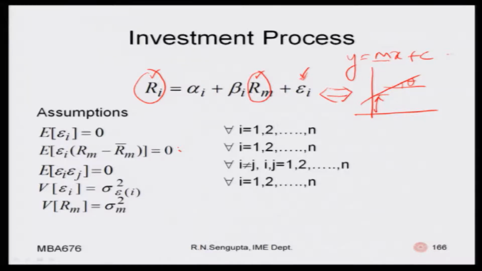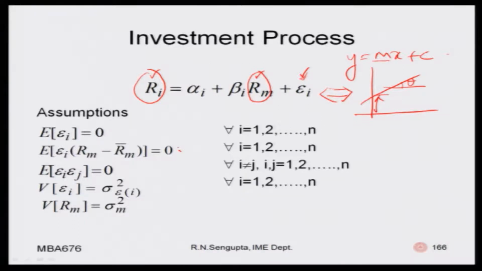Finally, we will consider that the variance of the white noise is time independent, which may not be true in an actual relationship, and that the market has a variance known as the market variance or market risk, given by sigma square suffix m.